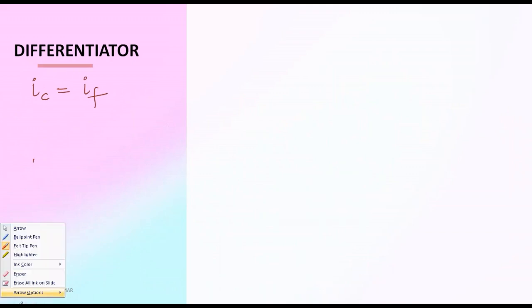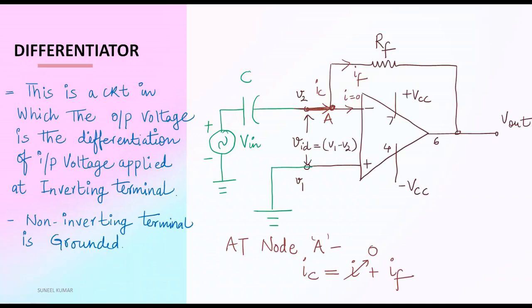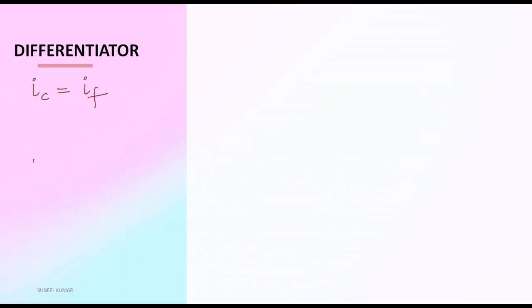Now we can write the values of these currents. For IC, Q is equal to C into V. For current, I is the d by dt of charge, so that becomes C into d by dt of voltage.